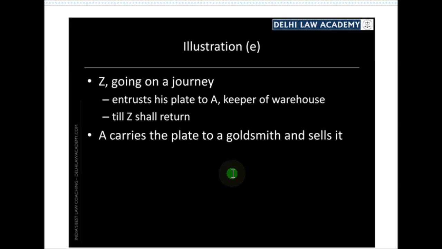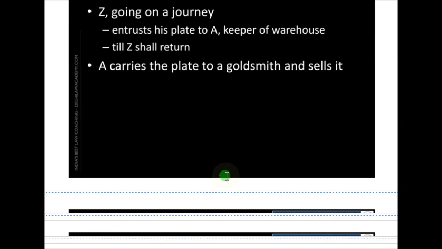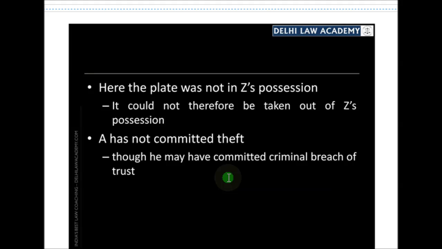In this case also we find that Z himself had given possession of the plate to A. Now, even though the facts of this illustration are similar to the earlier illustration, the answer will be different. And the answer as given in the Indian Penal Code is this. Here the plate was not in Z's possession. It could not therefore be taken out of Z's possession.